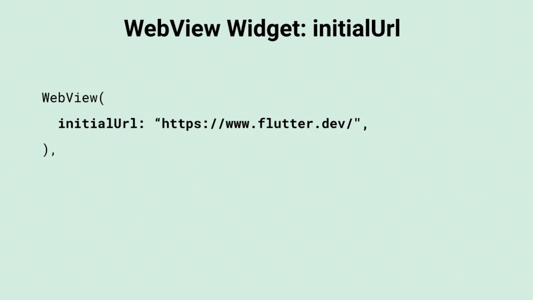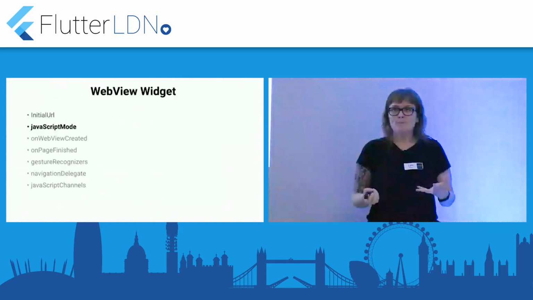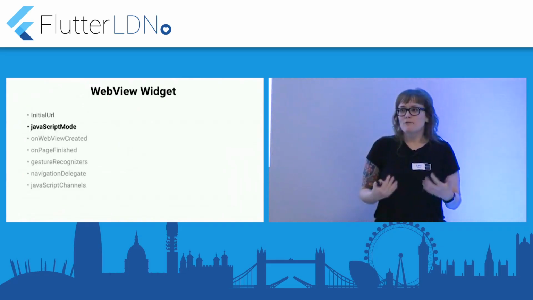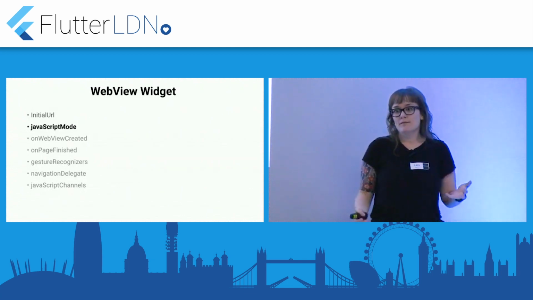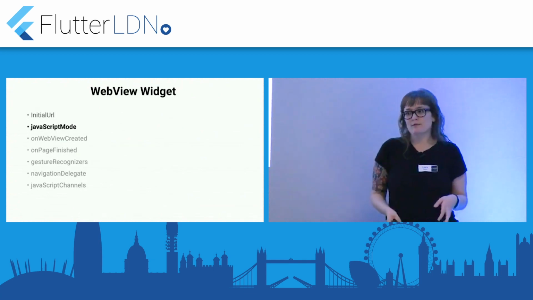But this is optional. If you do this, it's going to work because Flutter Dev works. But if you try another website, it can be that it doesn't load for some reason, and you don't know why. It could be because of JavaScript, because websites may require running JavaScript, and by default it is disabled.